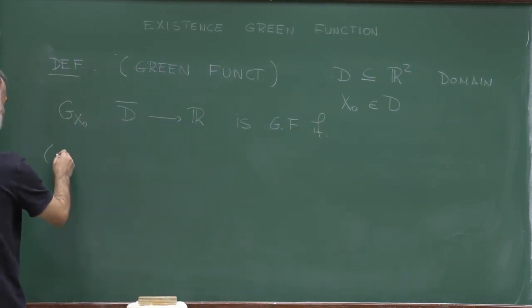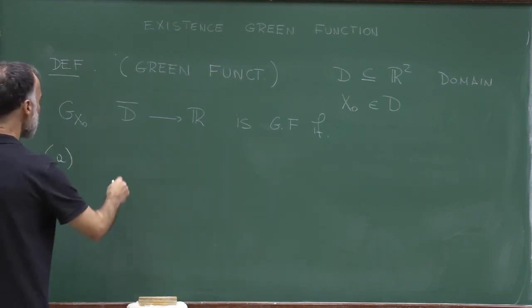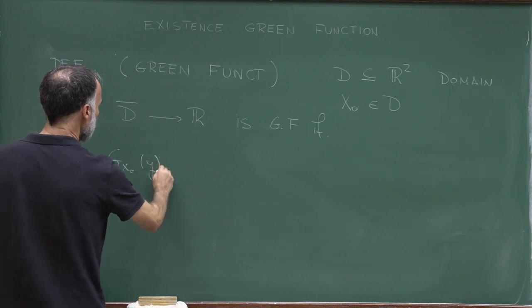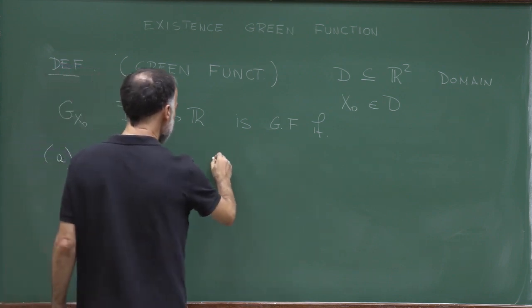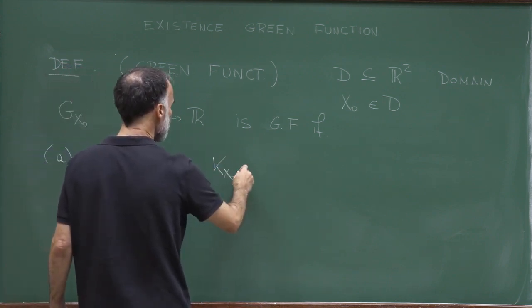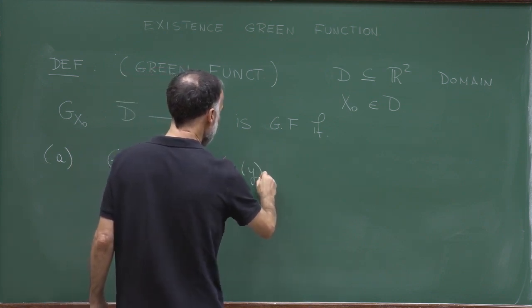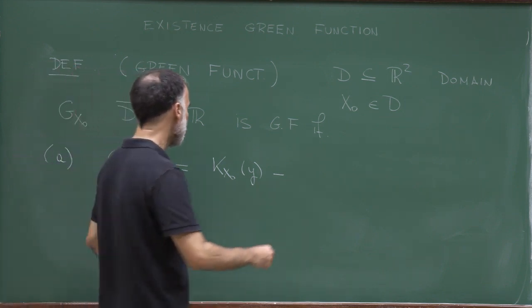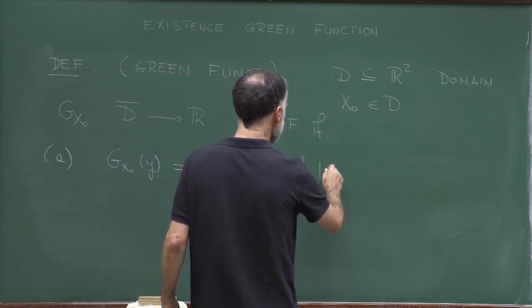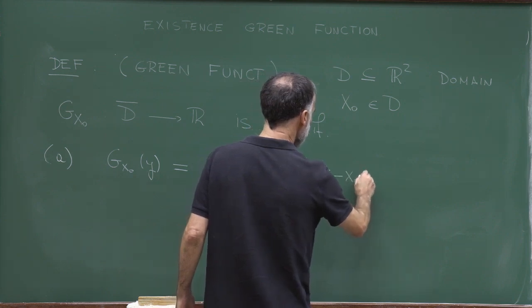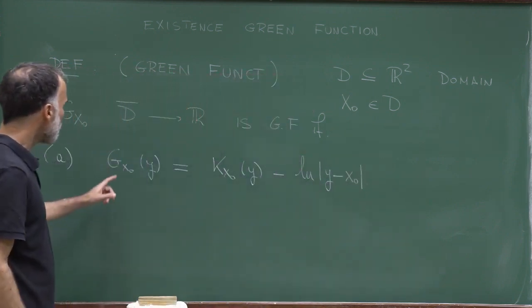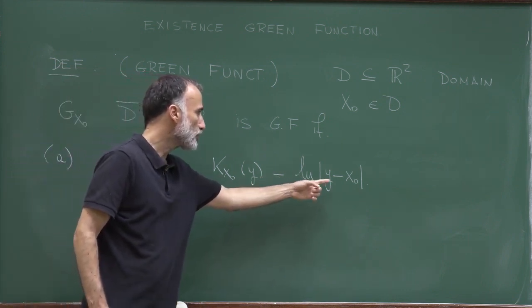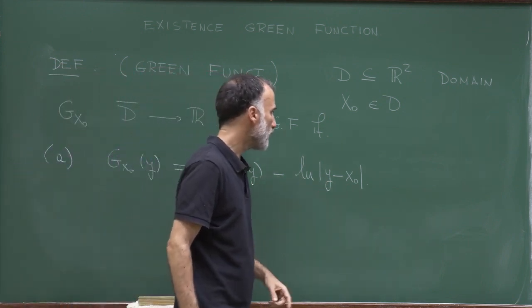The first one is that I want to write g x0 of y as a smooth function, which I will represent by k x0 y, minus a function which has a singularity at x0, and which is harmonic outside x0.